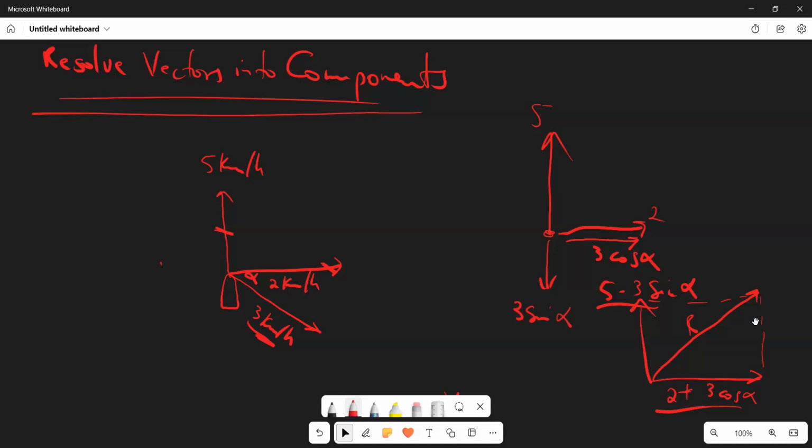And you're able to calculate the result very simply. So being able to resolve a vector into its components can have a number of uses. This is just one. So that's an ability you want to practice and make use of in problems.